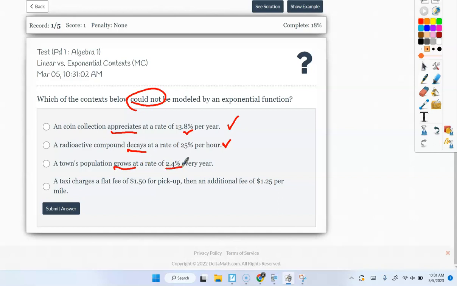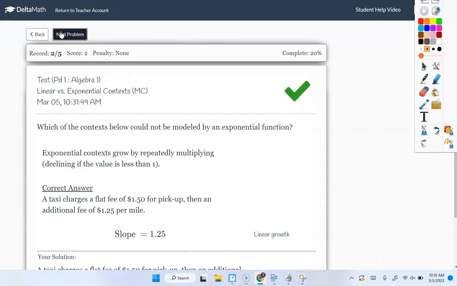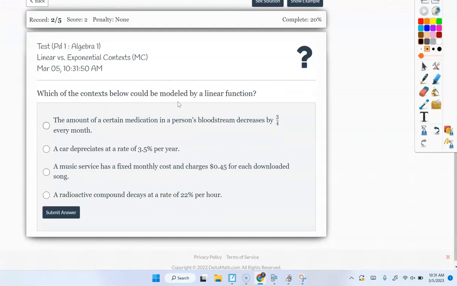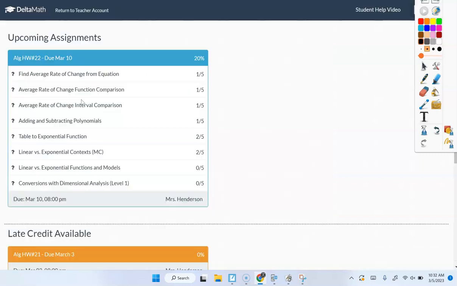This one is growing by a percentage, that is exponential. Taxi charge is a flat fee of $1.50 and then $1.25 per mile. That is linear. So the answer to this question would be the fourth one. That's the only one that is not exponential. So that's the main idea with these questions. If they are linear, they have a constant adding or subtracting pattern. Not a percentage, not a fraction.